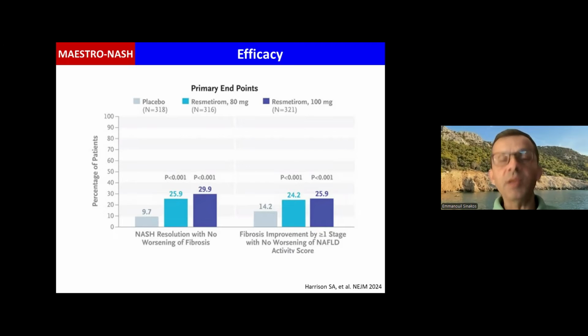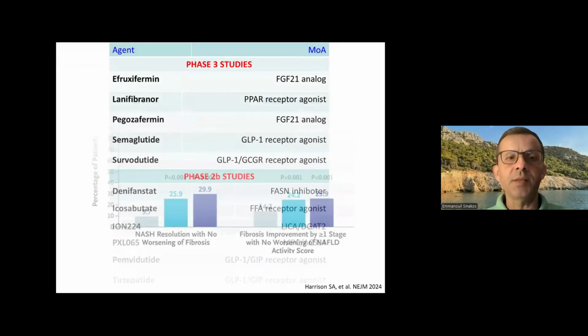There is another slide that shows that from patients that were treated with resmetirom, about 2/3 of them had some improvement. Of course, this is the primary endpoint. We have to show at least one stage of improvement in fibrosis. So we have, not in Europe, but in the world, for the first time a pharmacological agent that can be used in this disease.